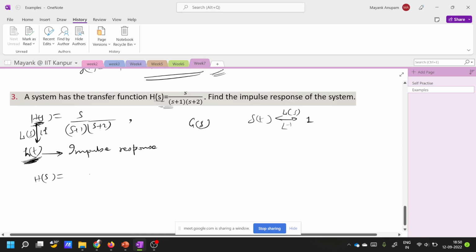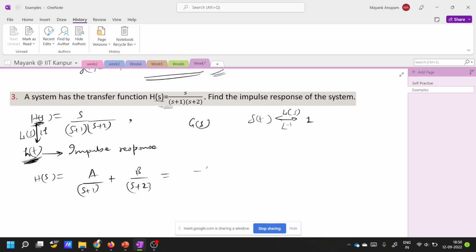So H of s can be rewritten as A by s plus 1 plus B by s plus 2, isn't it? So tell me what will be the values of A and B. A is -1 and B is 2. Minus 1 by s plus 1 plus 2 by s plus 2.